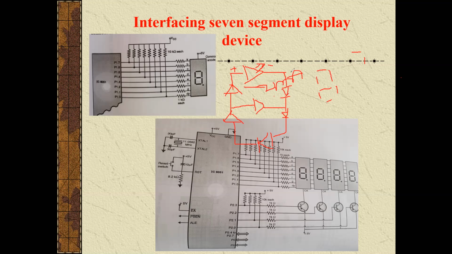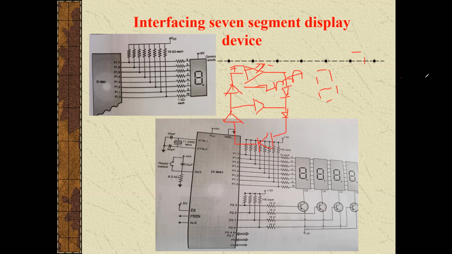In the common anode configuration, the anodes of all the LEDs are given as a common pin, and the cathode is connected to the port pin, and hence the port pin has to sink the current of 20 milliampere.